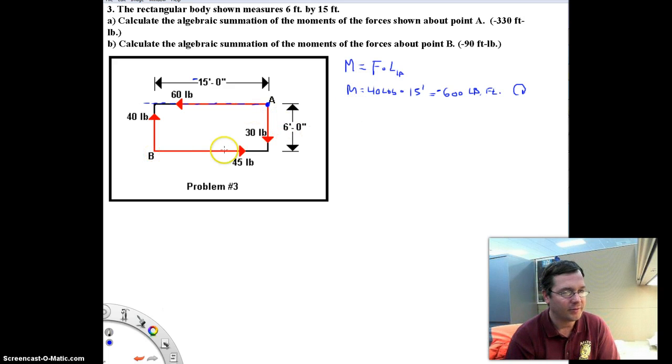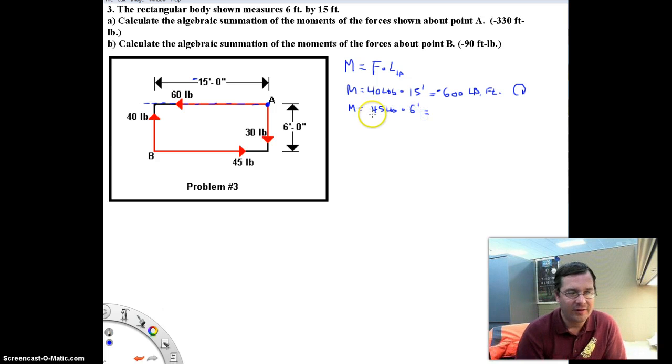Now, how about this 45-pound vector? Again, the moment of this vector equals the force, which is 45 pounds, times the length of the moment arm, which is 6 feet. So 6 times 45.